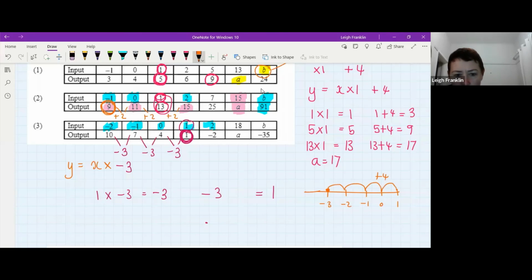So I have to plus 4. Okay. So now can you tell me what my rule is? It's times -3 plus 4. Okay, so times input by -3 and then plus 4. Very good. Okay, nice work.